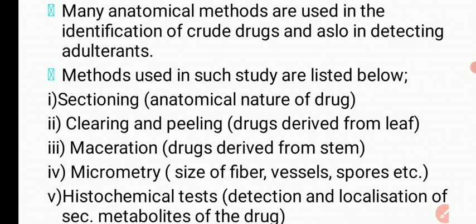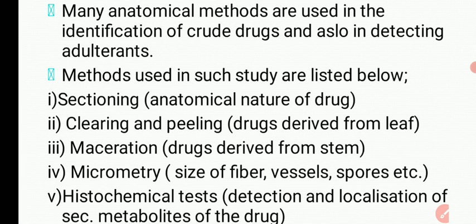Clearing and peeling is carried out in the case of drugs derived from leaves, and these preparations are used for detecting the nature of epidermal cells, venation pattern, vein islet number, stomatal number and stomatal index. These observations can be compared with the standard values.